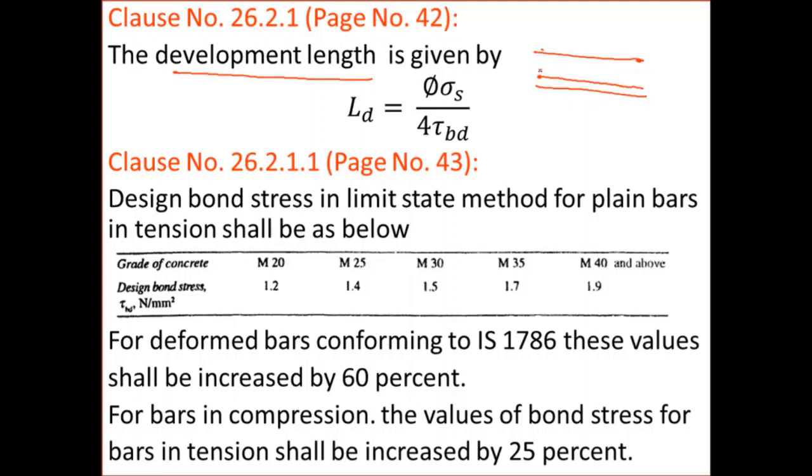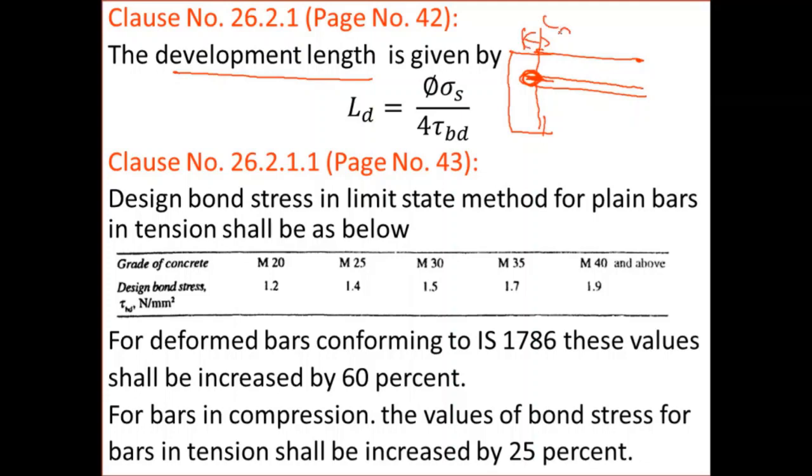This tensile stress pulls the bar out of the beam. Now we have to provide some anchorage here. When you provide anchorage, the concrete will hold the bar so it does not come out of the concrete. This additional length we have provided is called the development length.